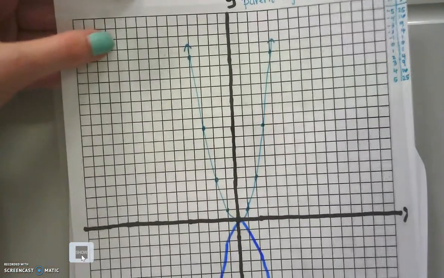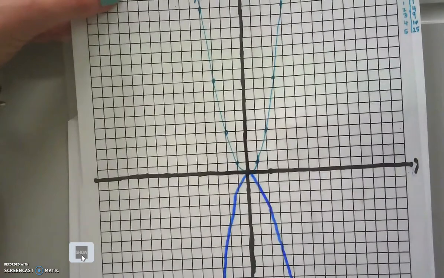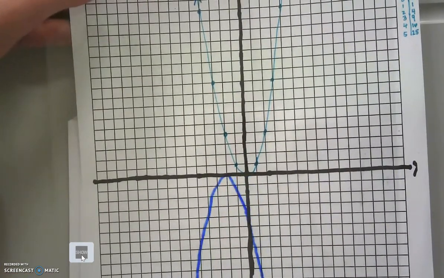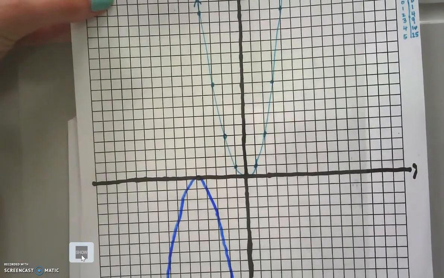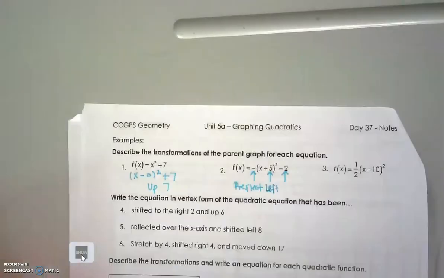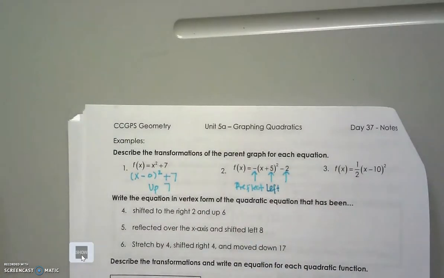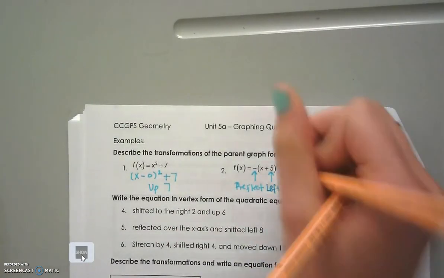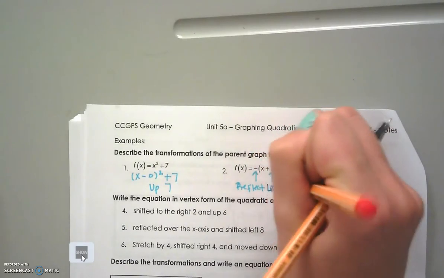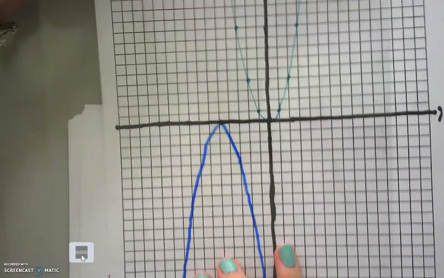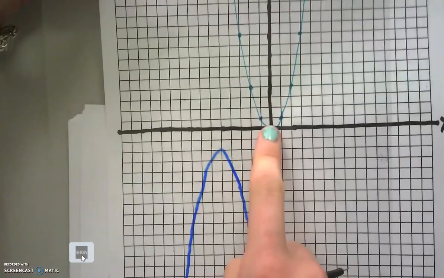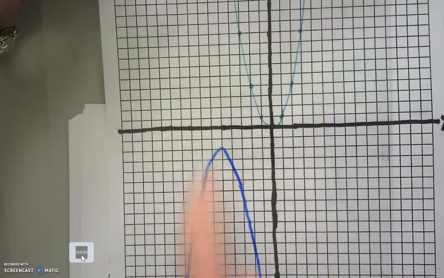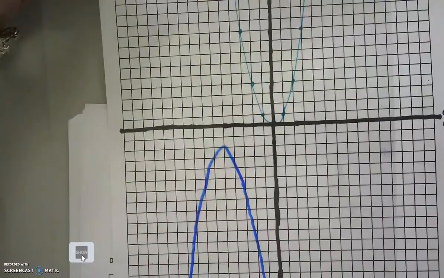So we reflected it, now let's go left 5: 1, 2, 3, 4, 5. So I've done two transformations. That -2 at the very back tells me to go up or down, and since it's minus, it's telling me to go down 2. So there's where we started, where we always start. Here's what the transformations look like.